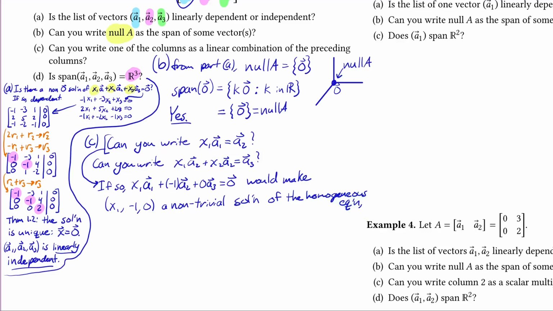And we just showed there isn't one. The reason we know this is non-trivial is because that -1 is not 0. So the answer to this is no, for the reasons we just showed down below.